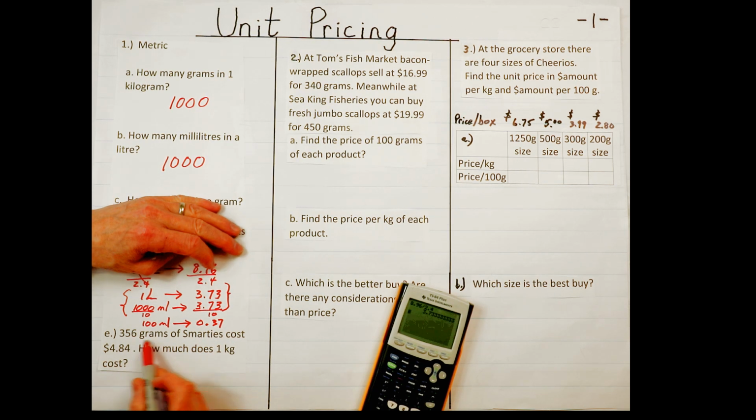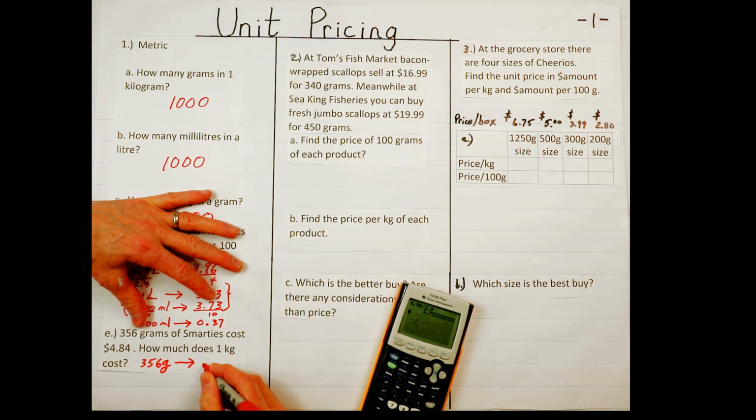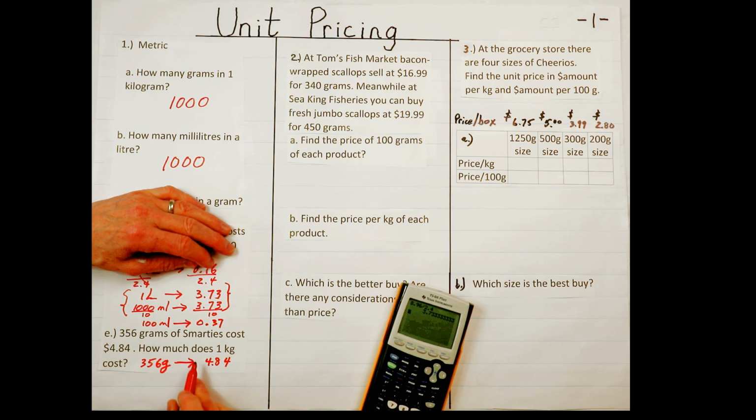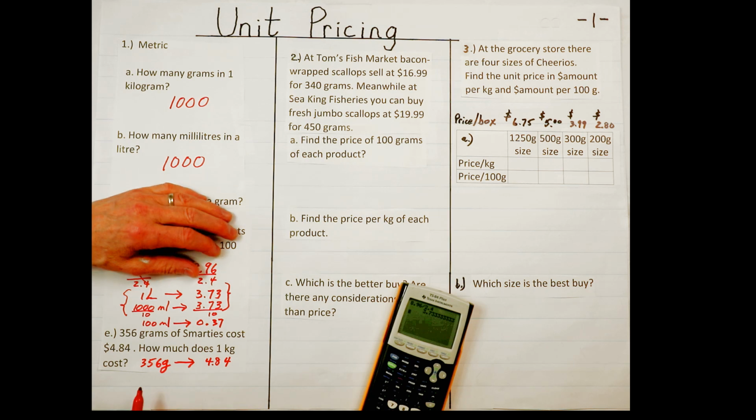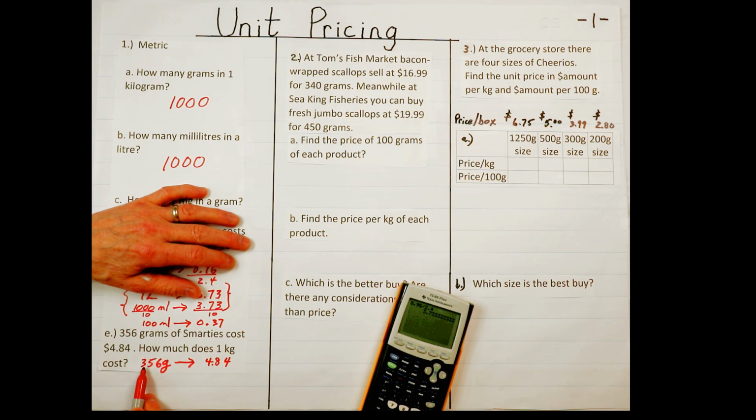All right, Smarties again. 356 grams of Smarties costs $4.84. How much does 1 kilogram cost? Okay, so what I'm going to do here is I'm going to get 100 grams of Smarties first. Now, what do I have to divide 356 by to get 100?